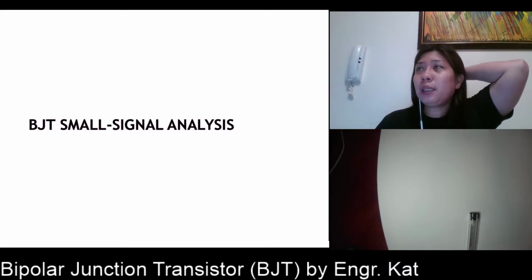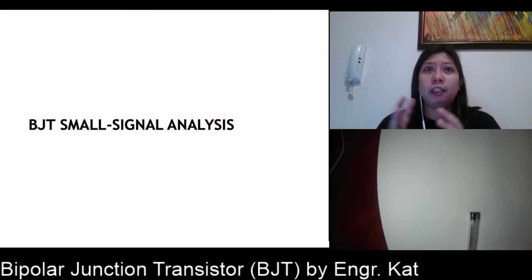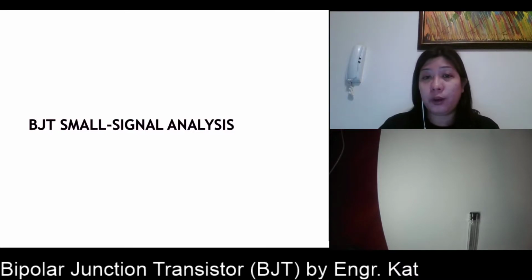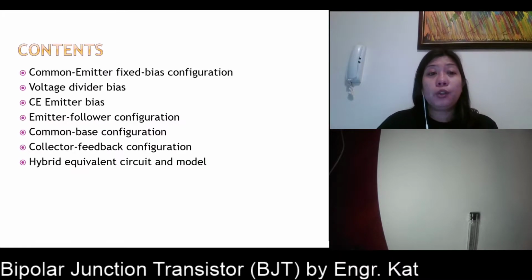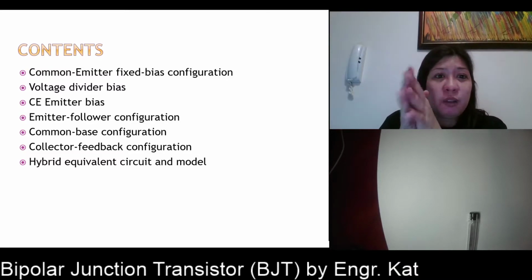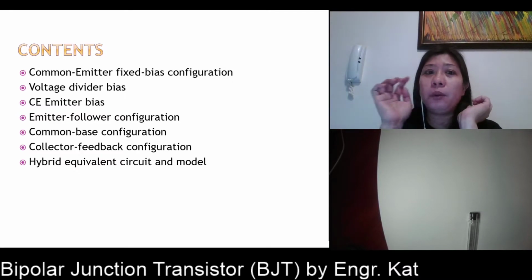So in this topic, we will be concentrating more on the solution for the whole circuit itself. So the contents are the common emitter fixed bias configuration, and then we have the voltage divider bias, the common emitter bias, and then the emitter follower configuration.